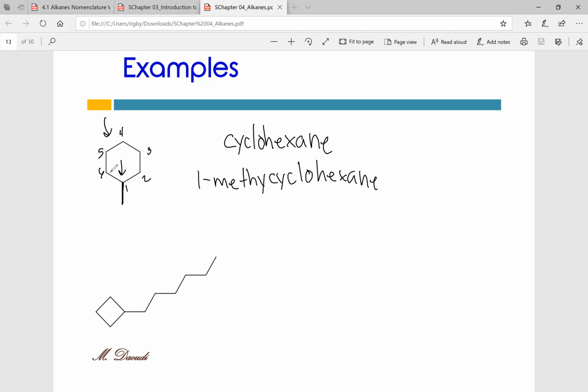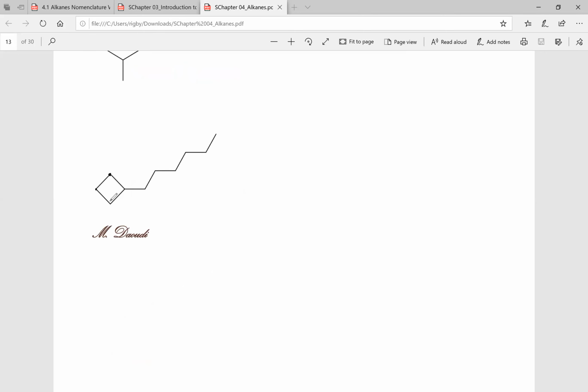So here we have 4 carbons in the circle, the cyclo. There's 4 here. And in the chain next to it, it has 1, 2, 3, 4, 5, 6. So this is going to be our parent chain and not our cyclo. So our parent chain is going to be hexane. No cyclo, just hexane. And our substituent is going to be this 4-carbon cyclo.